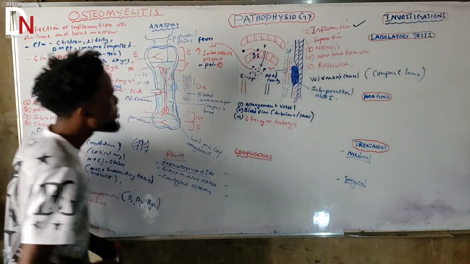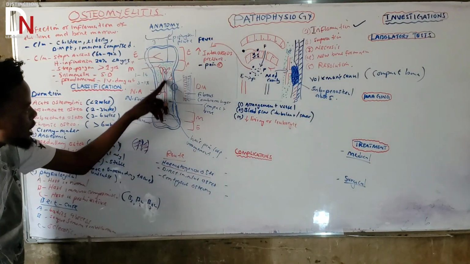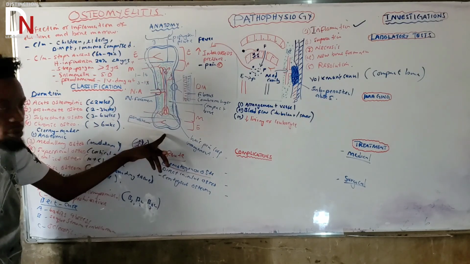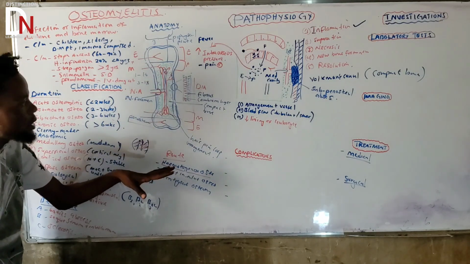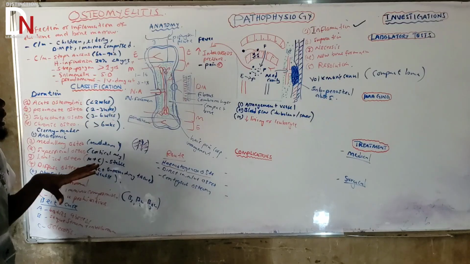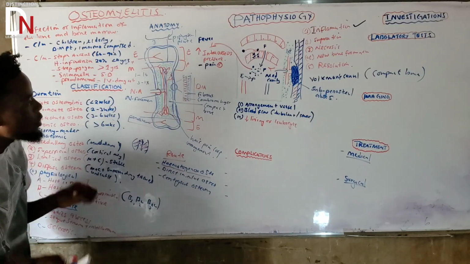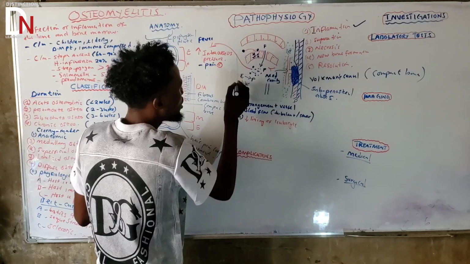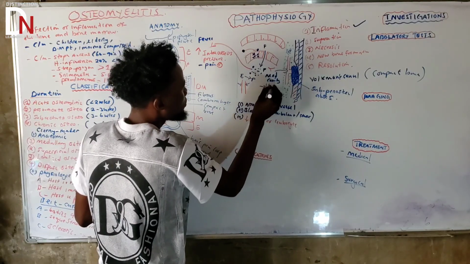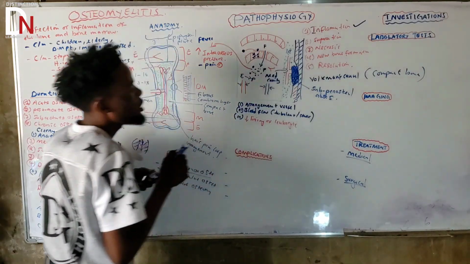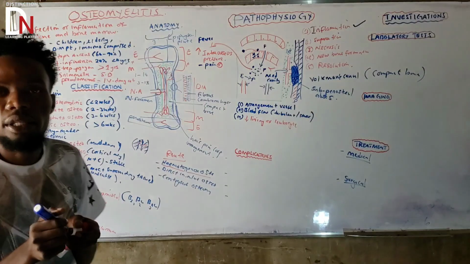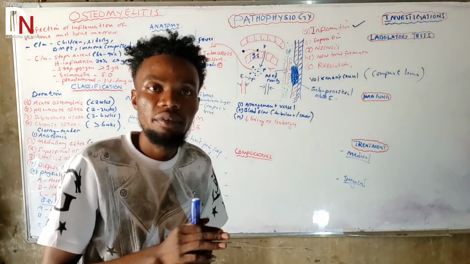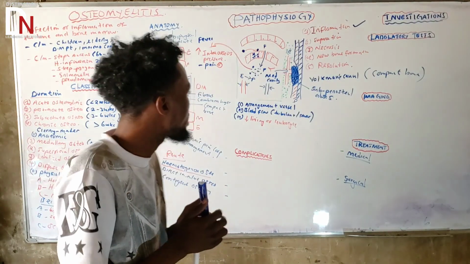The medullary cavity has ascending and descending branches, whether arteries or veins. Now, if there is pressure here, what's going to happen? It will start compressing against the medullary veins that can be found in the medullary cavity.